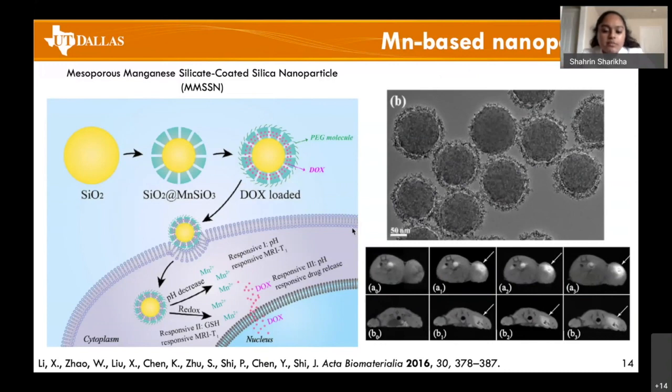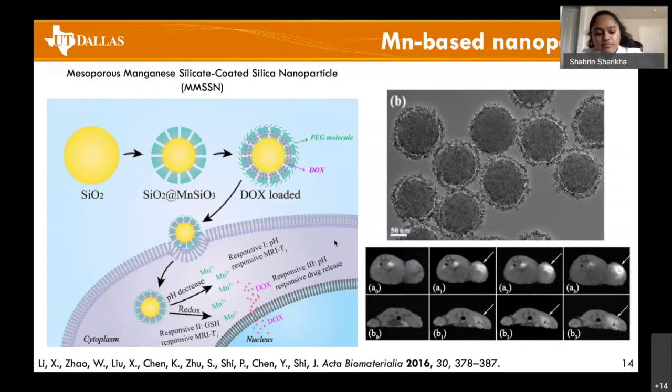So I believe that's what was happening here. I would say so, because you've got a pH decrease, and the pH of the cytoplasm is not low. It's 7.4. So the only way you get a pH decrease is if it were endocytosed.